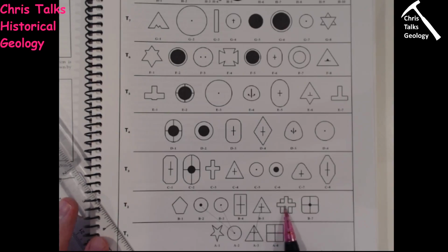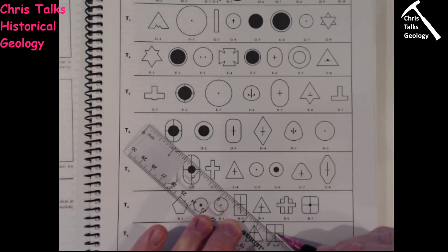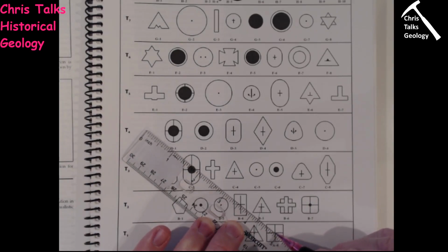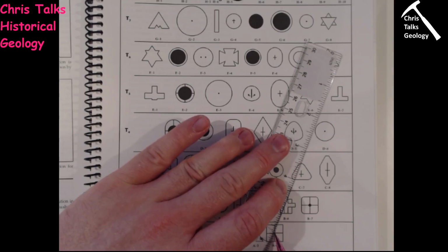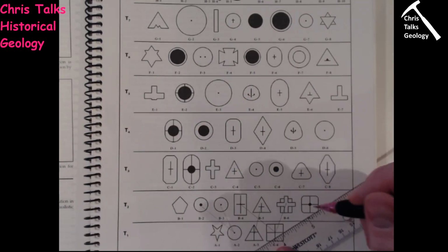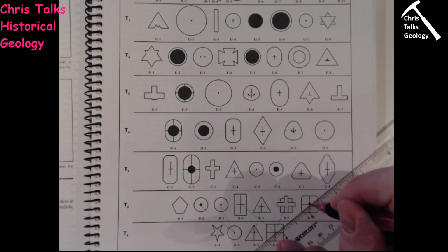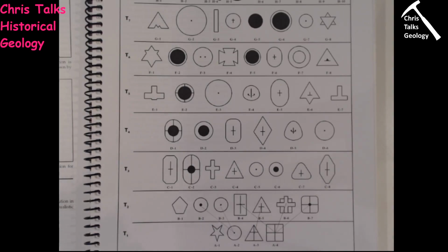B6 is once again a cross in a square, a slightly different shape, but the same pattern. So we would draw a line from A4 to B4, B6, and B7.